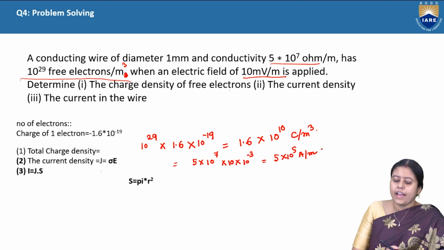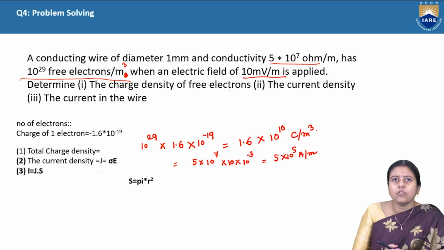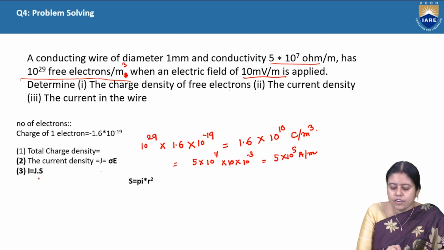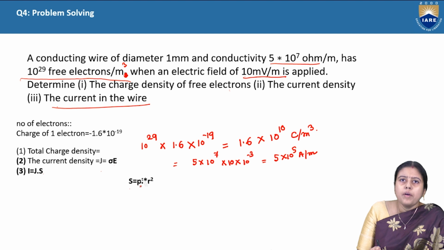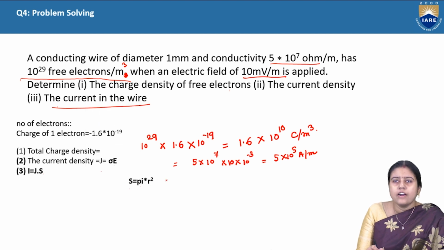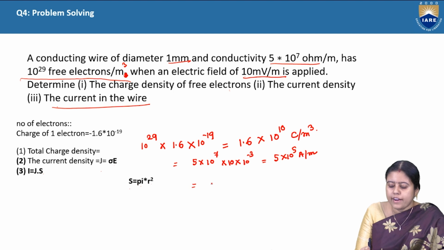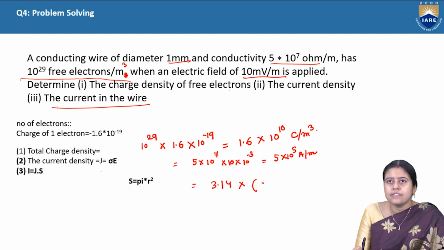So we can calculate the total current. What is the total current? I is equal to J into S, the surface area. But how to get the surface area? S is equal to pi R square, and R is given as 1 millimeter. So we can write 3.14 into R, which is 0.001, square.